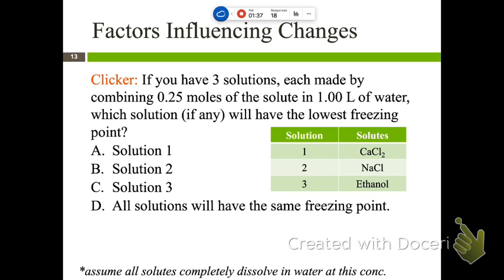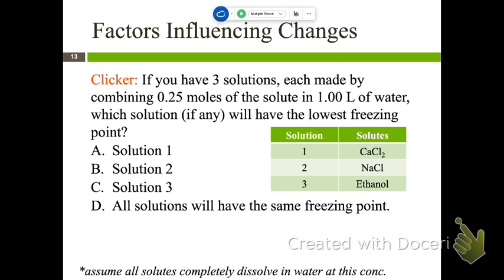Alright, 10 more seconds. Take your best guess. Is it 1, 2, or 3, or are all of them the same? We're closing out.